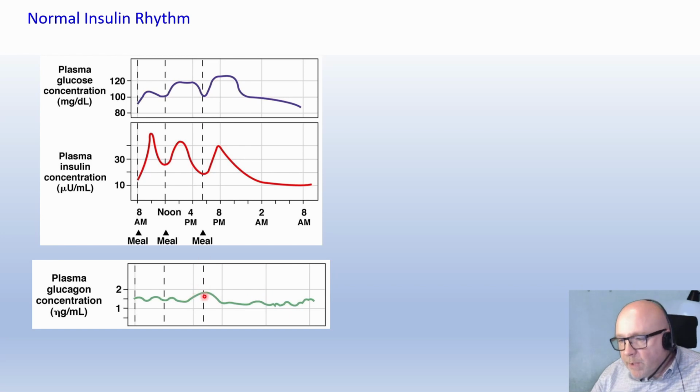But here's the biggest spike in glucagon: it's the semi-starvation period between the noon and evening meal, where blood glucose was low, and glucagon goes up to try and get it up again. And the goal of this up and down of glucose and glucagon is to try and keep blood glucose as balanced as possible.